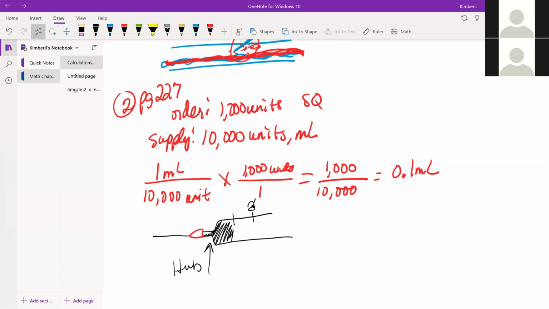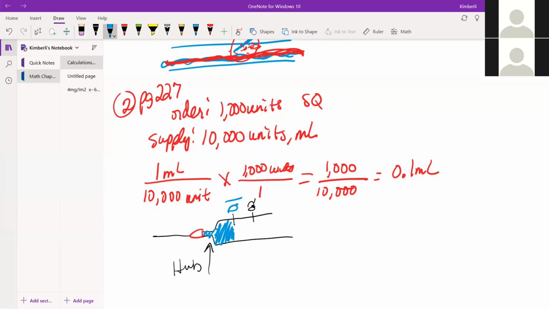So now when you inject it, the rubber stopper looks something like this, you want to pull this rubber stopper, okay, let me do it this way. There we go. So that you have it right at the 0.1, which is not actually marked on there, but it's halfway between the hub and the 0.2.